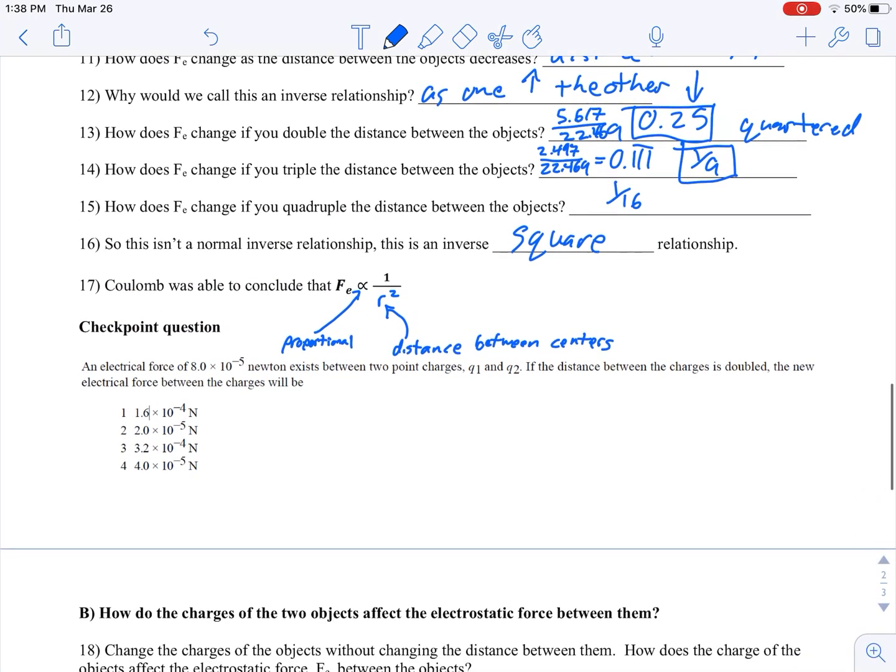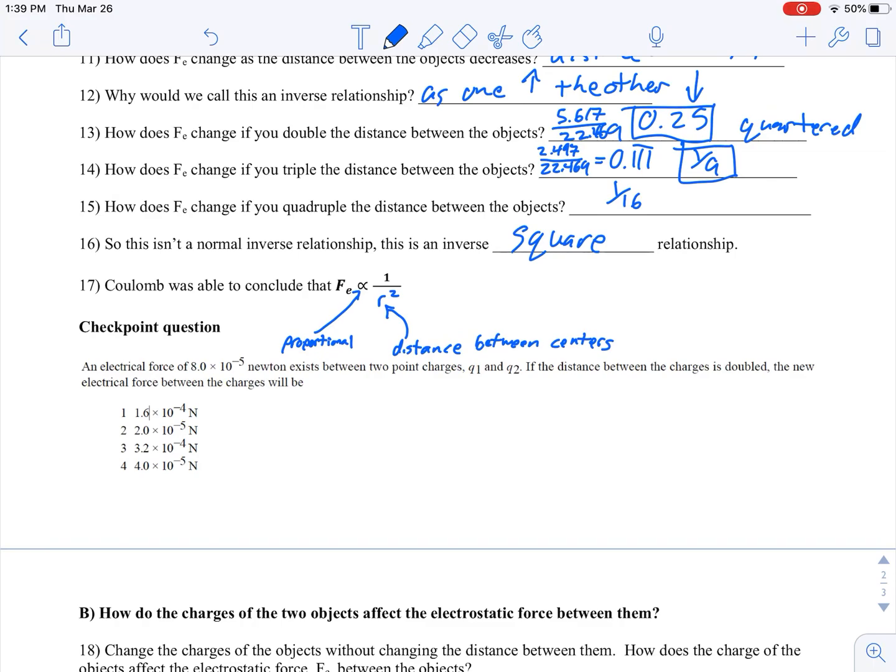All right. So here's a sample question from an old exam. An electrical force of 8 times 10 to the negative 5 newtons exists between 2 point charges, Q1 and Q2. Again, we use Q to signify charge.